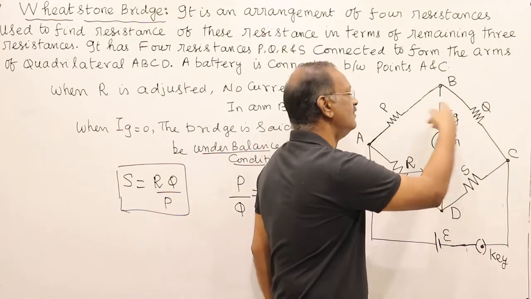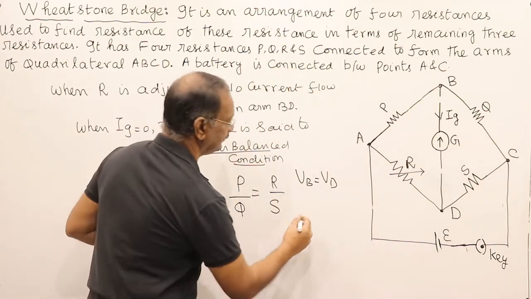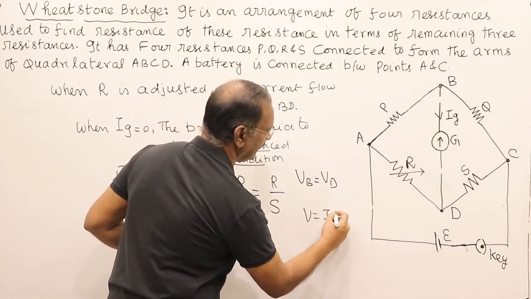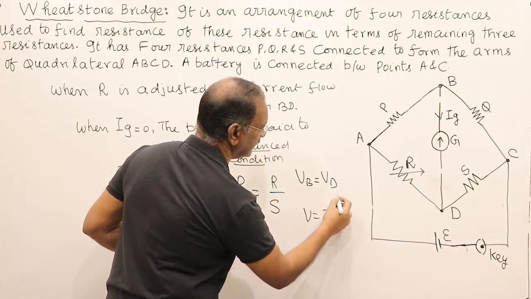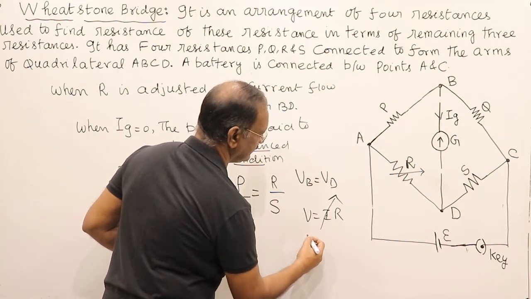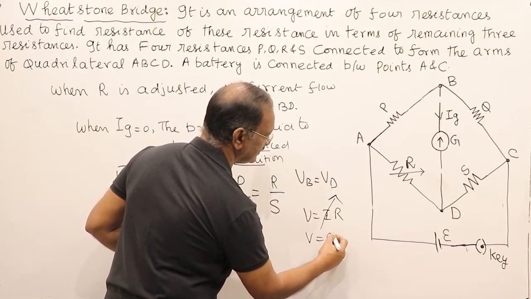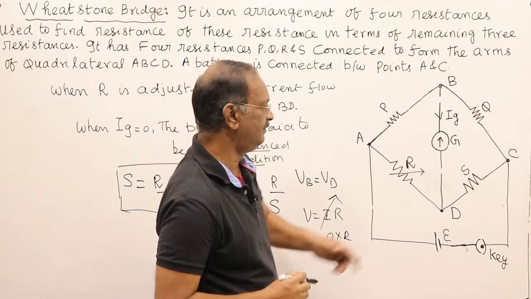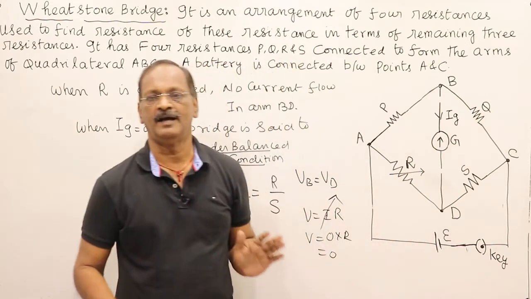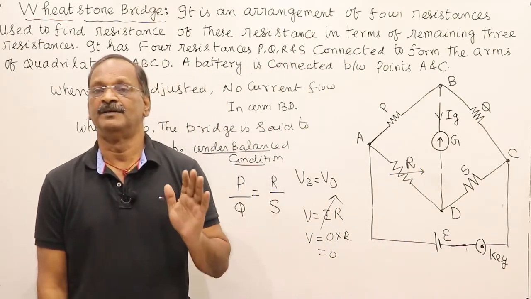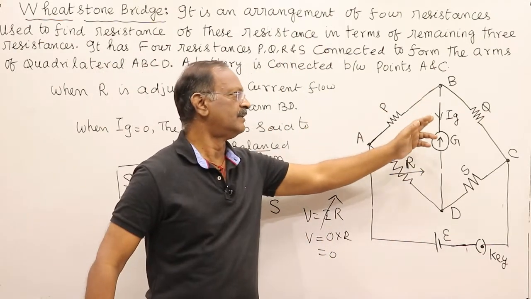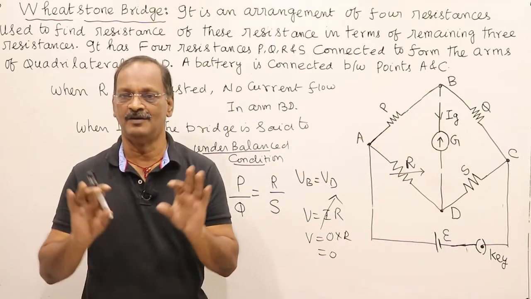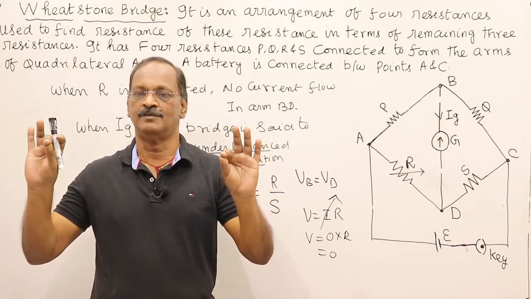But when there is no current, what is the potential? Potential is equal to I into R. Since Ig is equal to 0, V is equal to 0 into R, which is 0. It means both VB and VD are at the same potential, because no current is flowing. When no current is flowing, there is no potential difference.